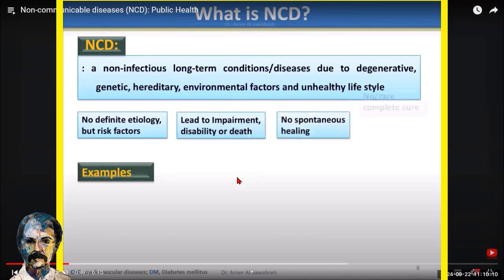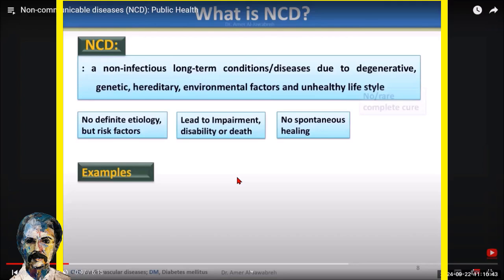No spontaneous healing. You are not going to heal if you get diabetes, definitely. Although there are some reports that if you change your lifestyle to a healthy diet and exercise in the first, let's say, 3 to 5 years, you might revert back to normal, remission, in 30% of the cases, and in the beginning of the disease.